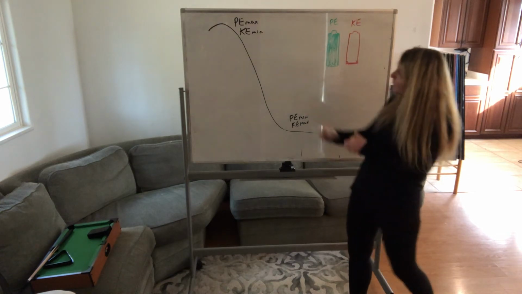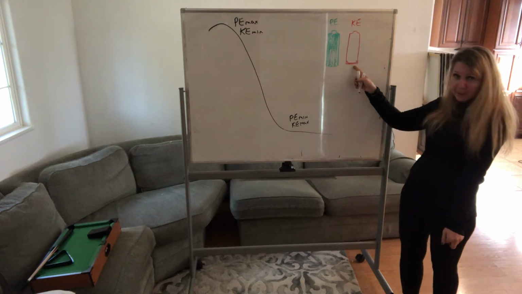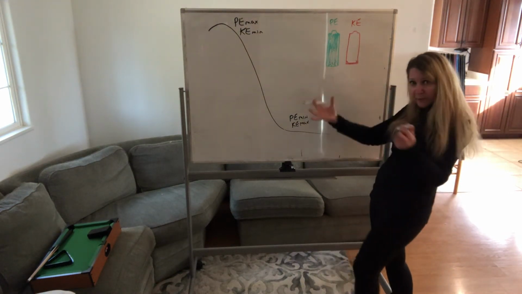So at the top of the hill, if I'm indicating this as a battery, it's maximum potential, minimum kinetic. If I go down here now, it's going to be reversed.